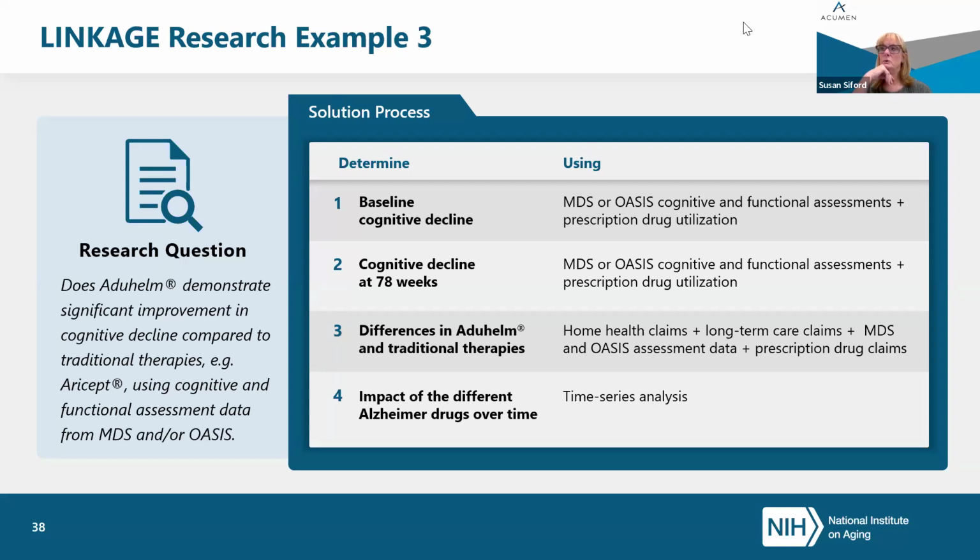And this is to use the assessment data to gain your baseline cognitive status and functional assessment, and then follow this over a period of time to look at the cognitive decline based on the drug intervention therapy, and do a time series analysis using the assessment data and the claims data to see how that patient progresses over time.